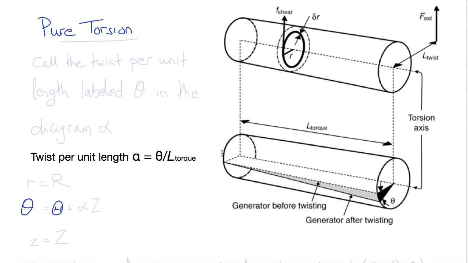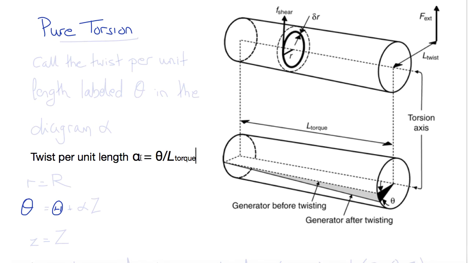And every plane along the length here would twist a little bit less in proportion to the distance along the length, so that the twisting angle is a constant in proportion to the length.